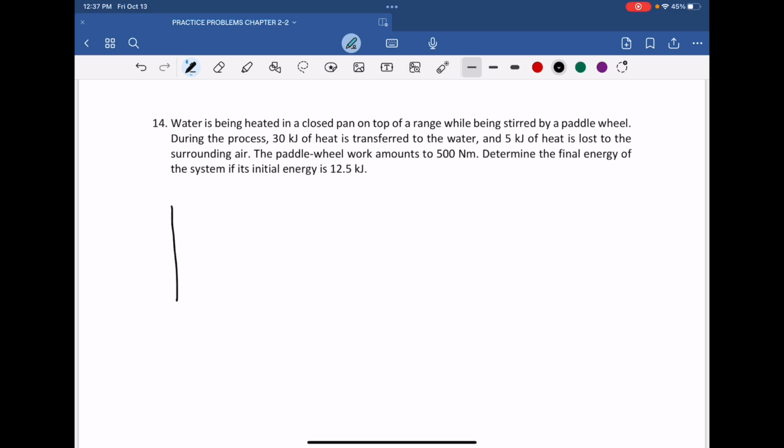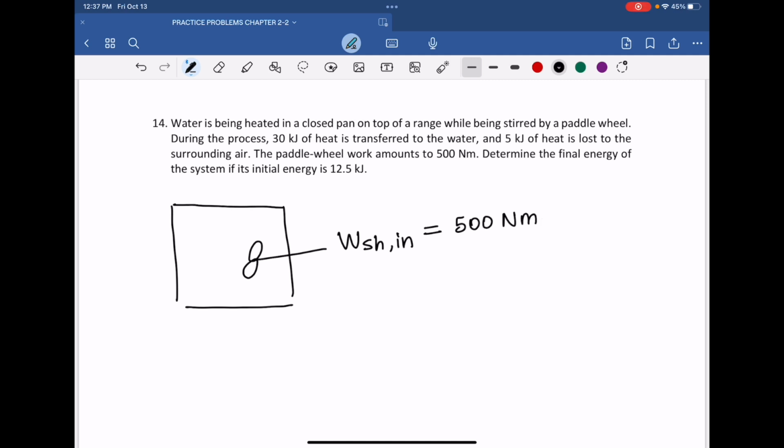So basically, if we sketch what is going on, we have water being heated while being stirred by a paddle wheel. Okay, so we can say that is shaft work getting in the amounts of 500 Newton times meter, which is joules. And of course, this is in terms of kilojoules, 0.5 kilojoule.